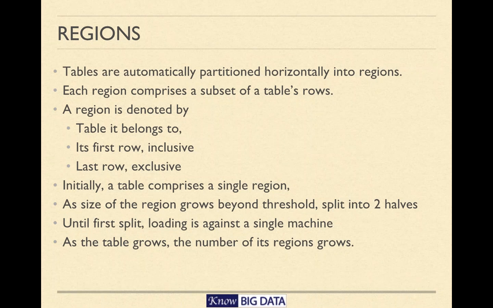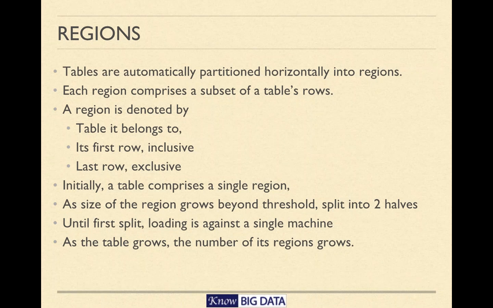Here a region is defined by the table it belongs to, the first row, as in first row ID or row key, which is inclusive, and the last row, which is exclusive, meaning the last row ID is in the next region. Initially, every table starts with a single region.